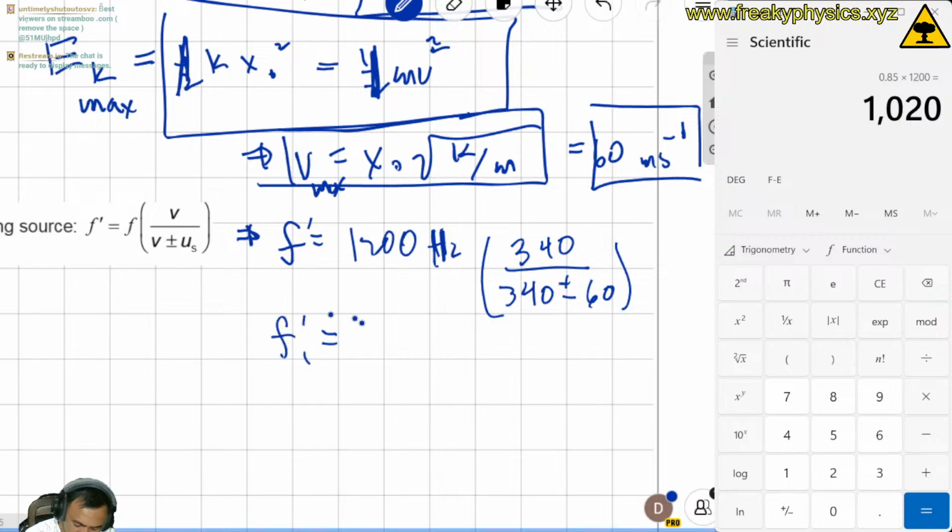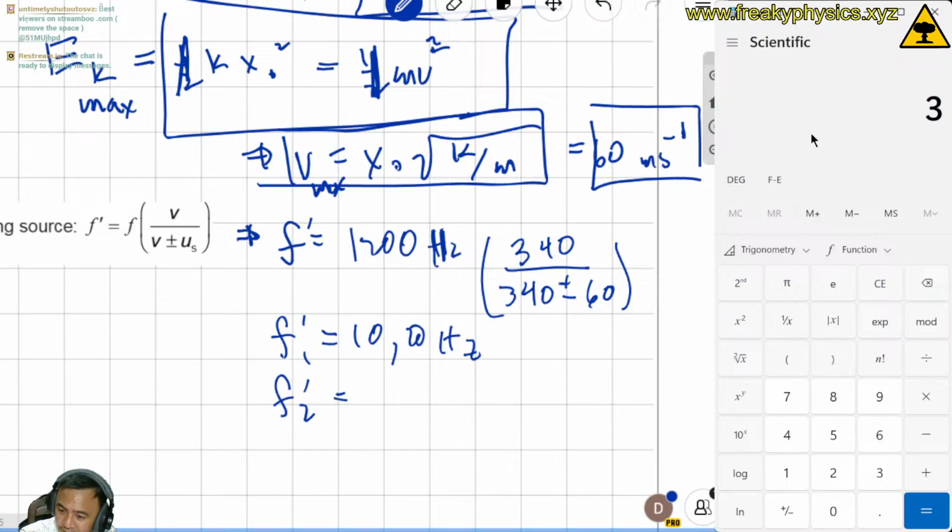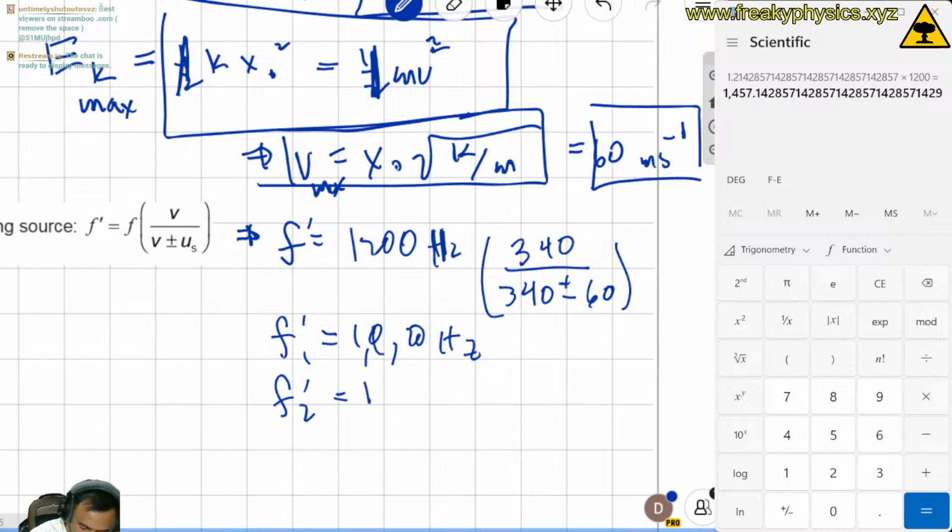F1 prime is equal to 1020 hertz, and F2 prime will be, well, we do the minus, so 340 divided by 340 minus 60, that's 280. So 340 divided by 280, and multiply that by 1200. That's gonna give us an answer of 1457 hertz. So these are our two values.